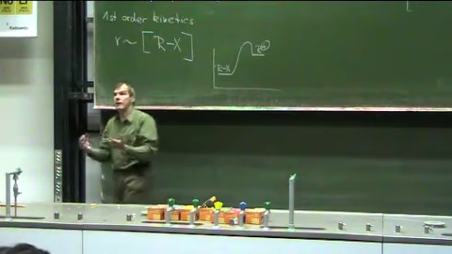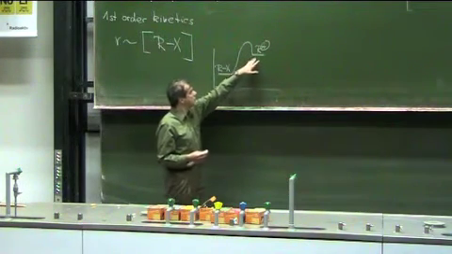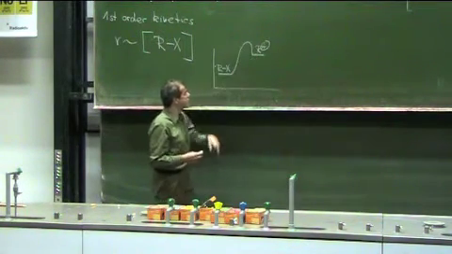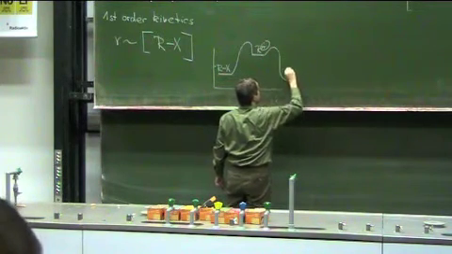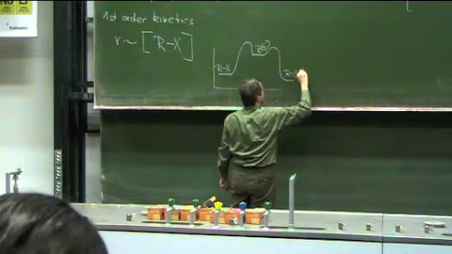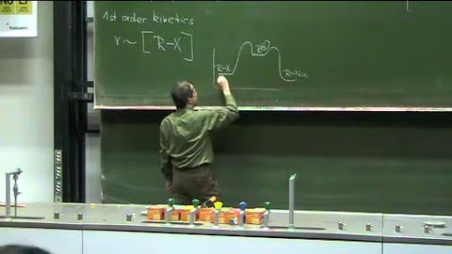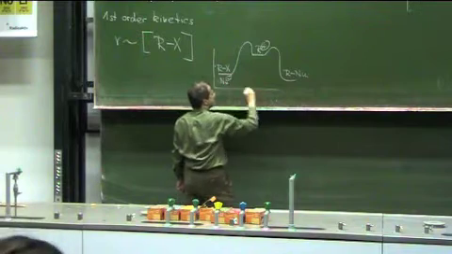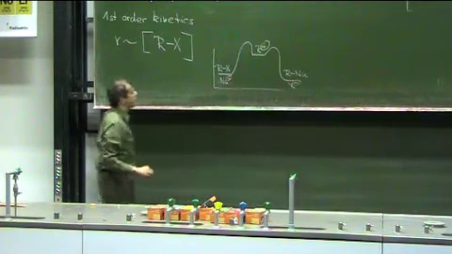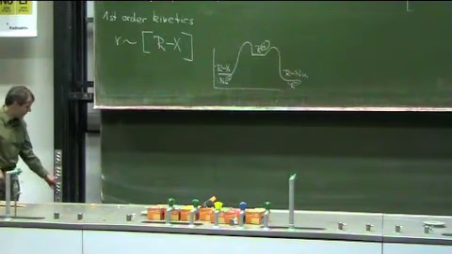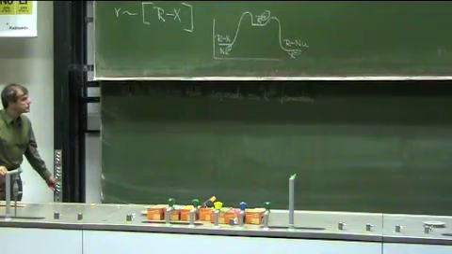A carbocation is a less stable intermediate, so it makes sense that this is energetically higher. And then in a second step, we would have the substitution reaction.